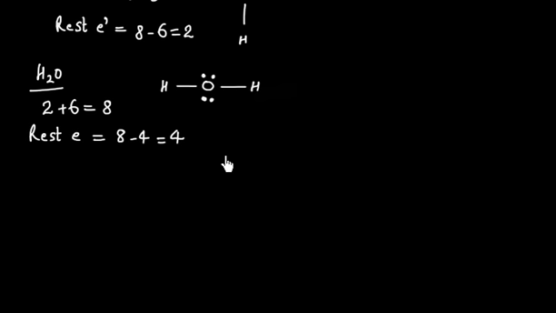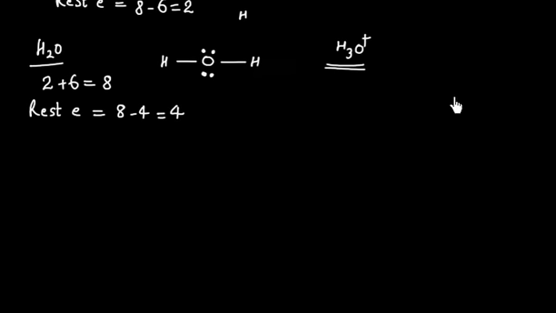Now let us say I have the molecule H3O plus. Are you getting or not? So one can expect oxygen as the central atom, hydrogen as a terminal atom, so we can put the hydrogens as terminal atoms. Now count total electrons. 3 for hydrogen, oxygen has 6, but there is a plus charge, so I have to subtract 1 electron, so I have 9 minus 1, so we have 8 electrons.